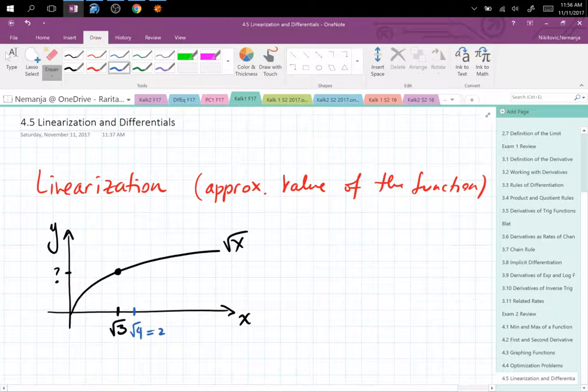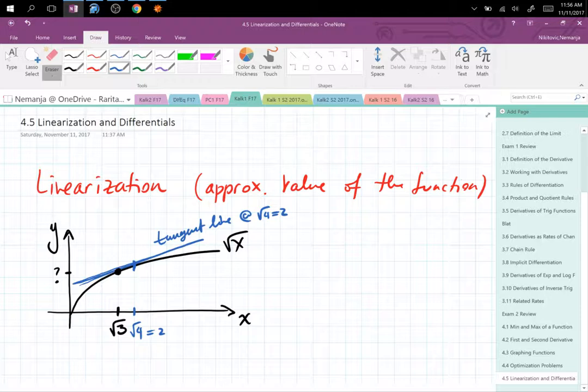And if you find the tangent line at that number, which will look like this, square root of 4 is sufficiently close to square root of 3. Now, can you see what's happening here?